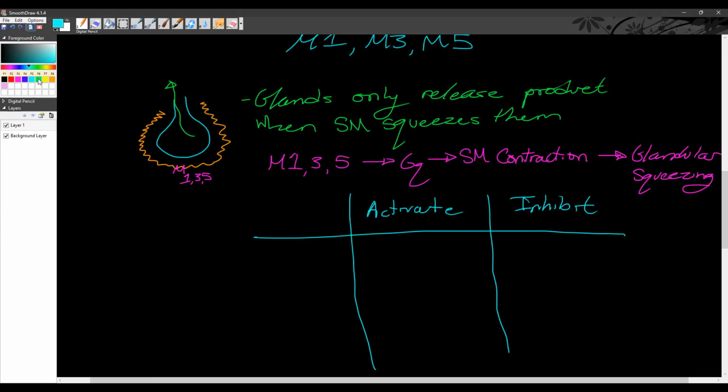For salivary glands, what is going to happen if you activate M1, 3, and 5?